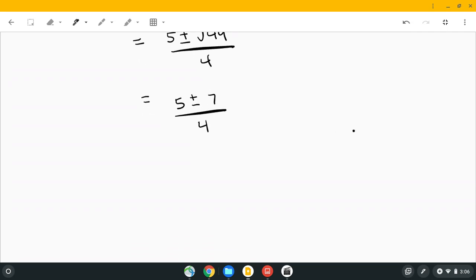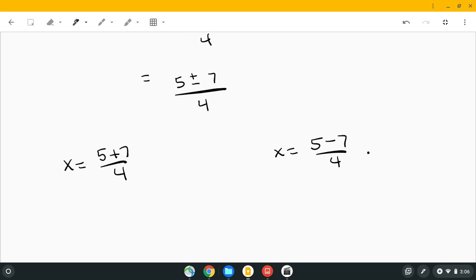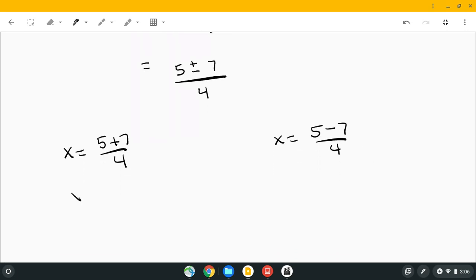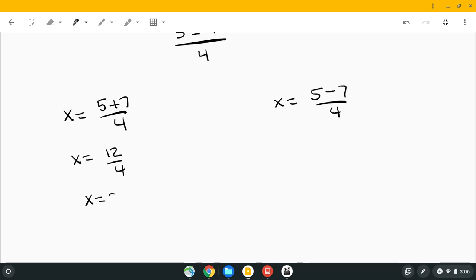So let's go ahead and do that. We'll do 5 plus 7 over here. And then we'll do 5 minus 7 over 4 over there. Okay, so then here I get 12 over 4, and so I get x equals 3.